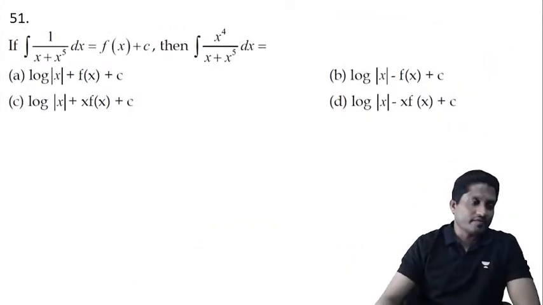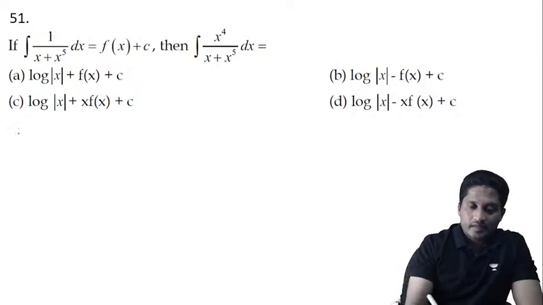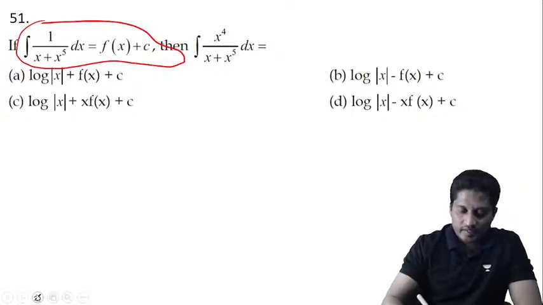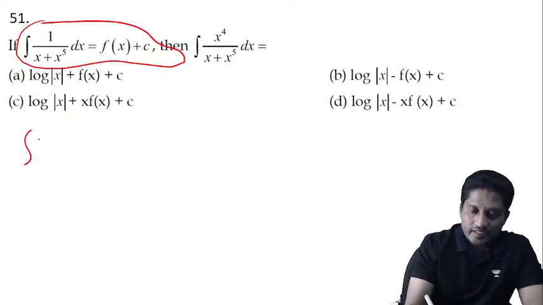This is question number 51. Good problem. See, this value is given in the question: integration of 1 by x plus x power 5. Now integration of x power 4 divided by 1 plus x power 5 dx. This is x to the power of 4.